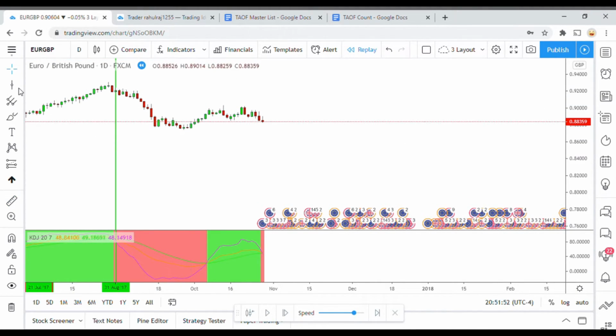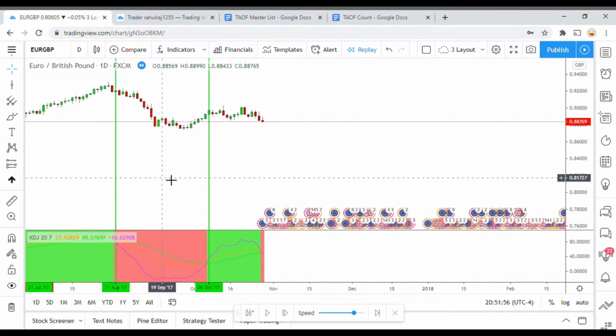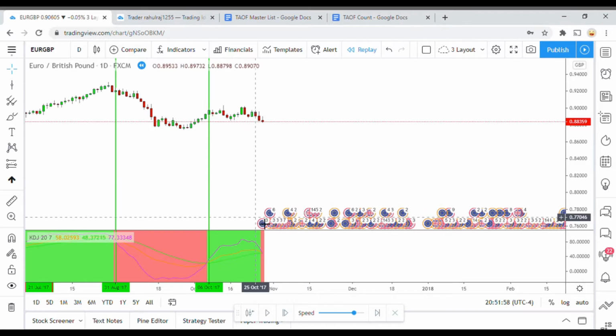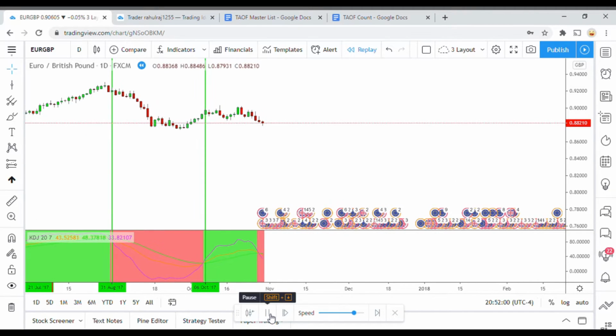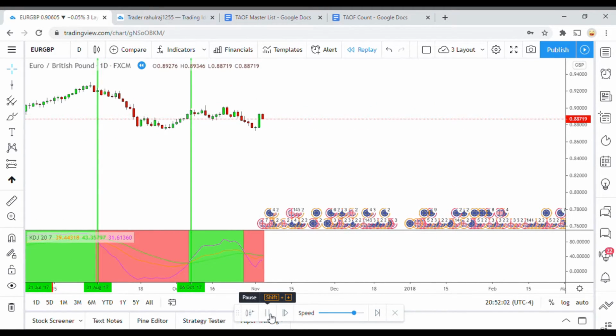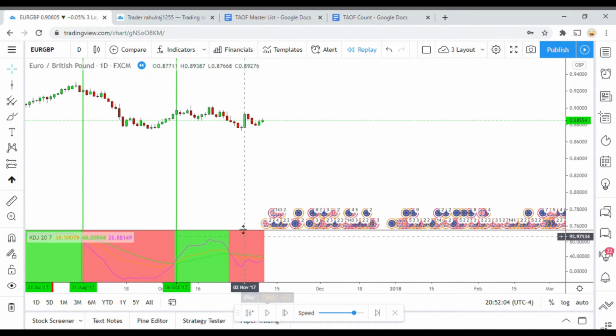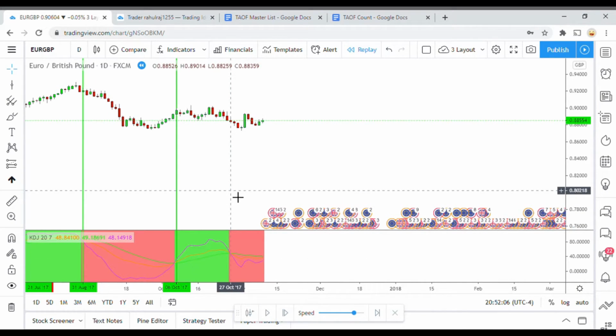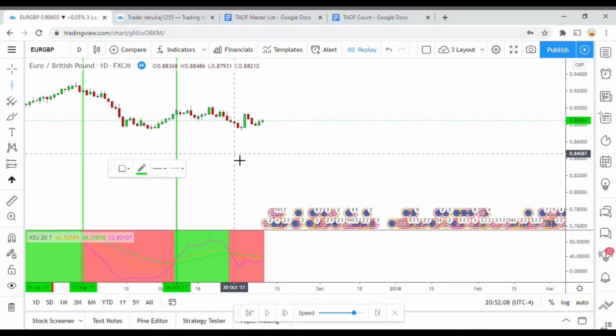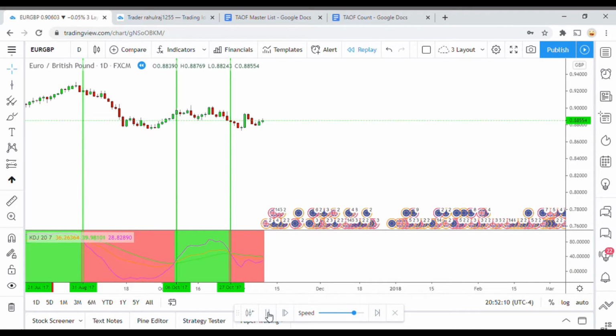Let's measure this one out. Yep, got us to take profit there on that one. Throwing a short signal there. That got us to take profit.